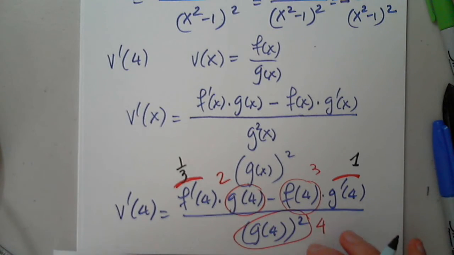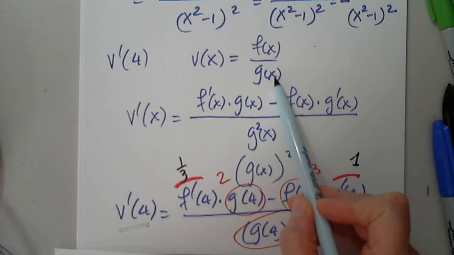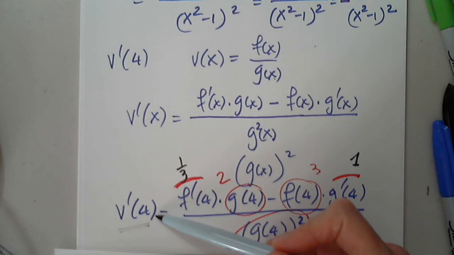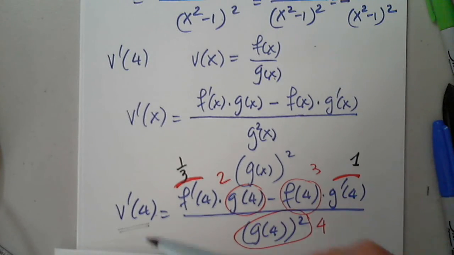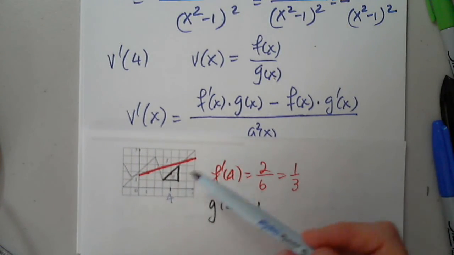And now I have my calculations. 1/3 times 2 minus 3 times 1 over 4. And that will be the derivative, the rate of change of the quotient when x is 4. So I was able to determine this from the graph because they were all lines and it was very easy.